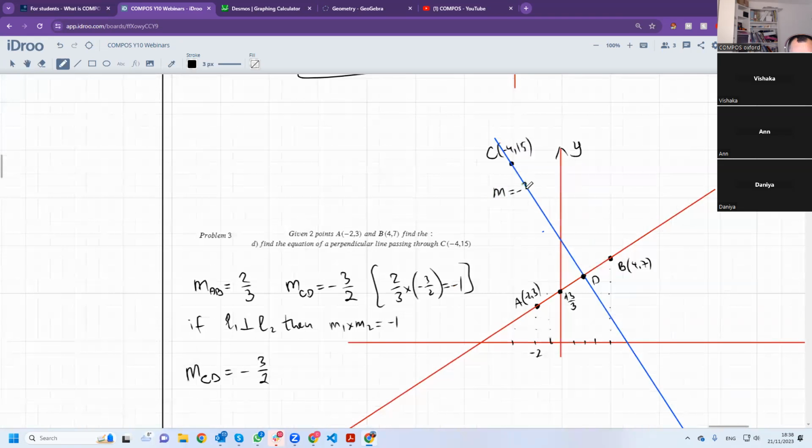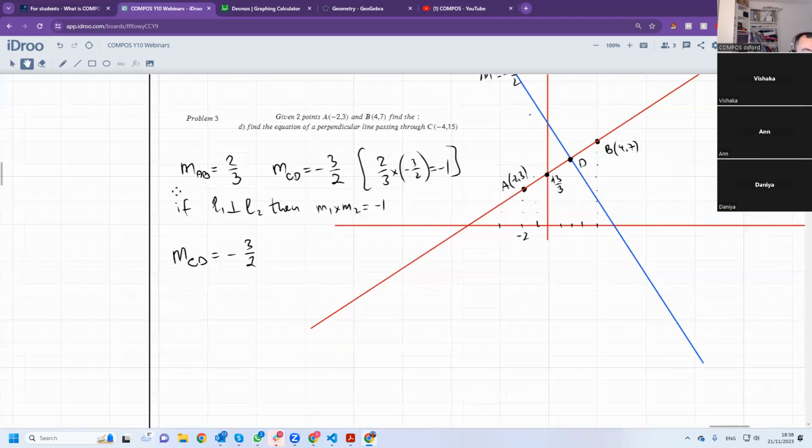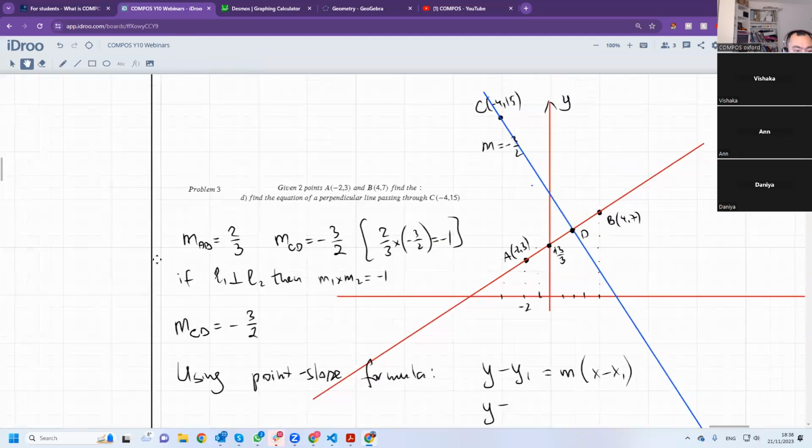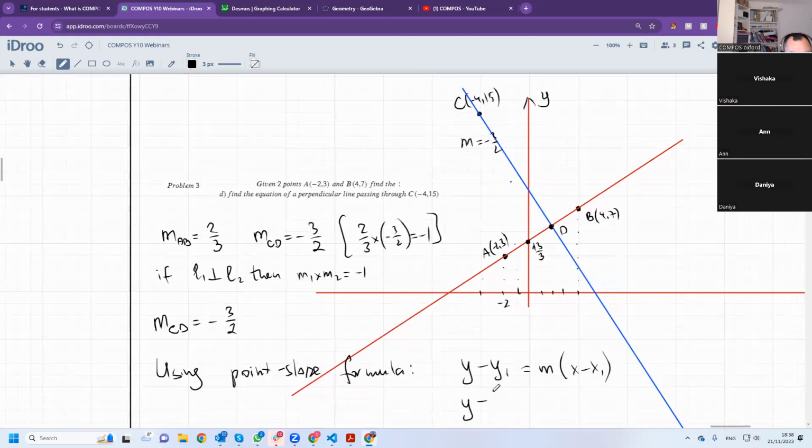So using the point slope formula, y minus y1 is equal to m times x minus x1. So it's going to be y minus y1, which is minus 4, equals m, which is minus 3/2, x minus x1.